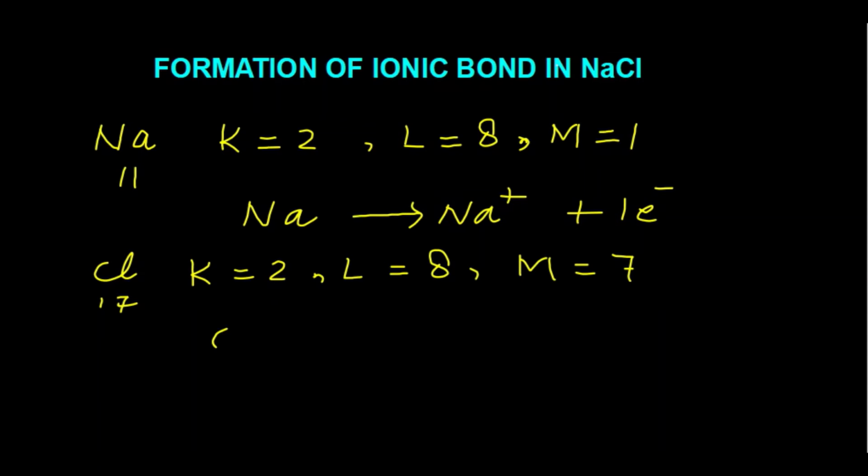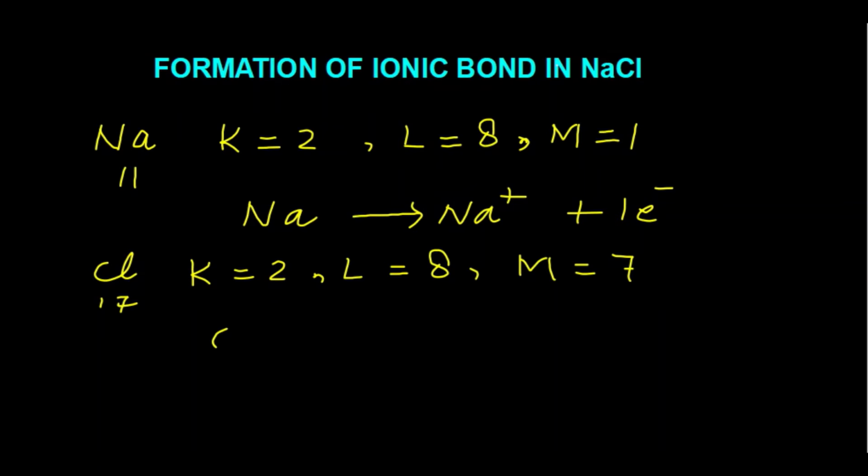If an element has 5 to 7 electrons in its valence shell, then usually it gains electrons in a chemical reaction. In chlorine, there are 7 electrons in the valence shell, so chlorine will gain an electron in a chemical reaction and change to chloride ion to complete its octet and get an electronic configuration similar to a noble gas.